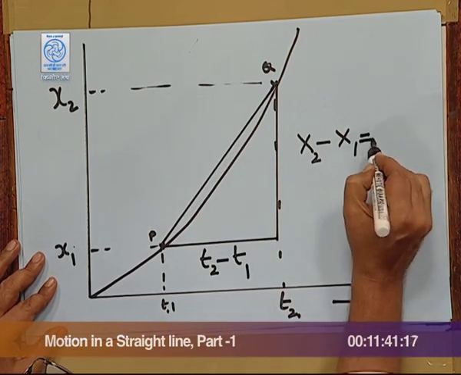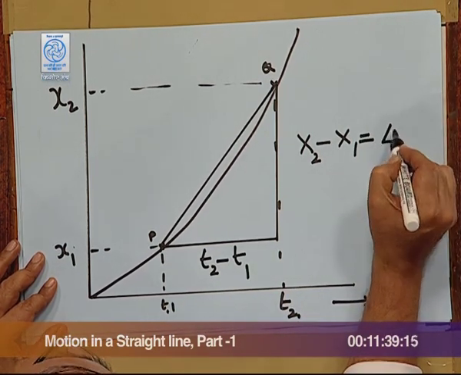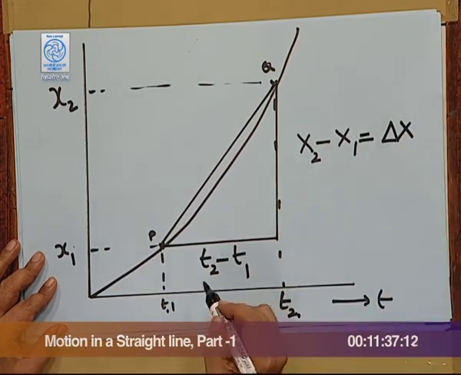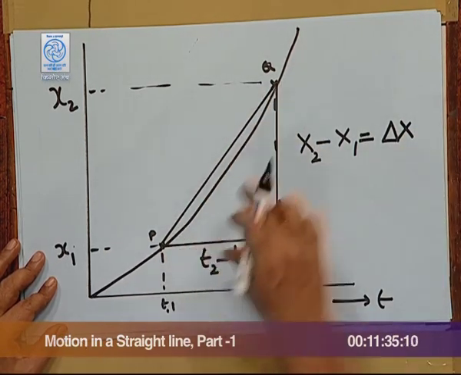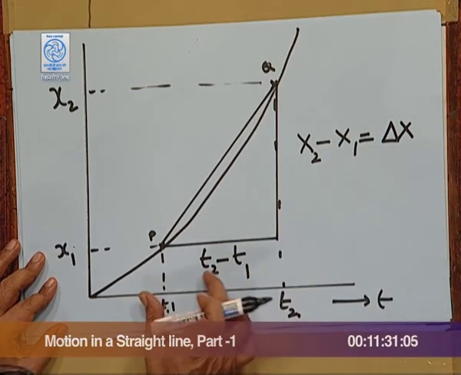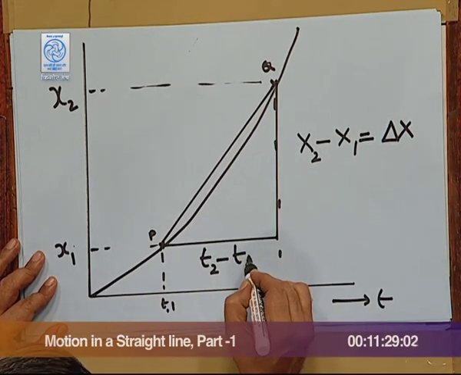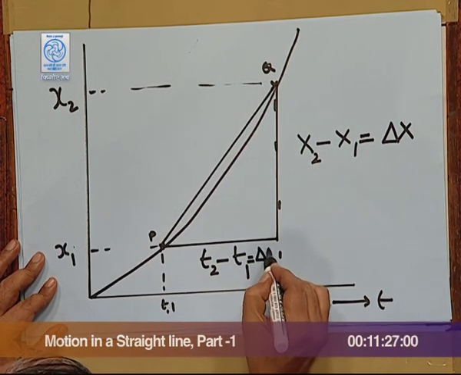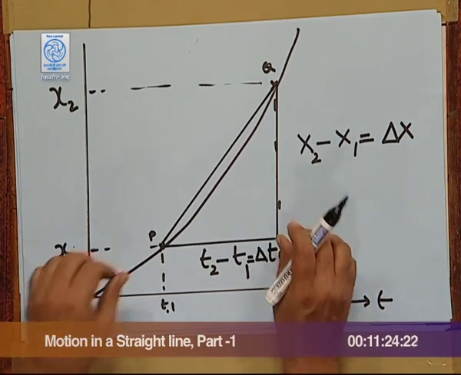Now, x2 minus x1 we have called delta x. Now, in this triangle, the height is represented by delta x. T2 minus T1, which we have called the time elapsed, which is indicated as delta t here, is represented at the base.